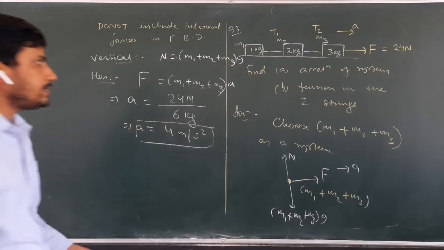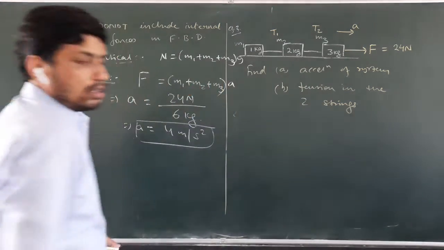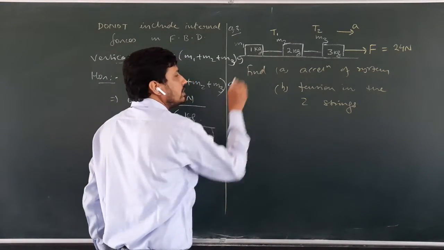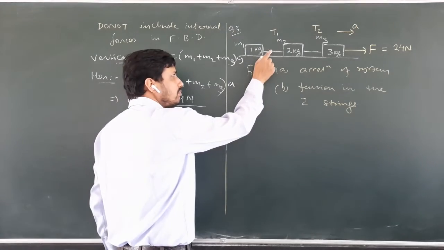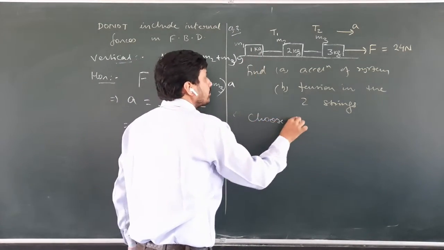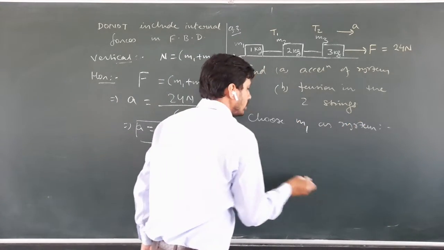For that, we will choose suitable systems. For finding T1, that means tension in this string, we will choose m1 as system. So let's quickly see what we get.